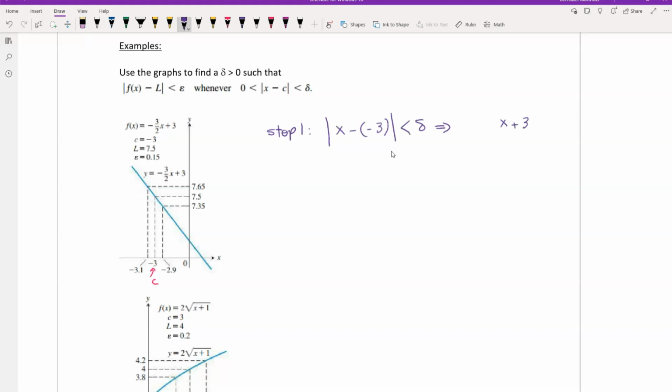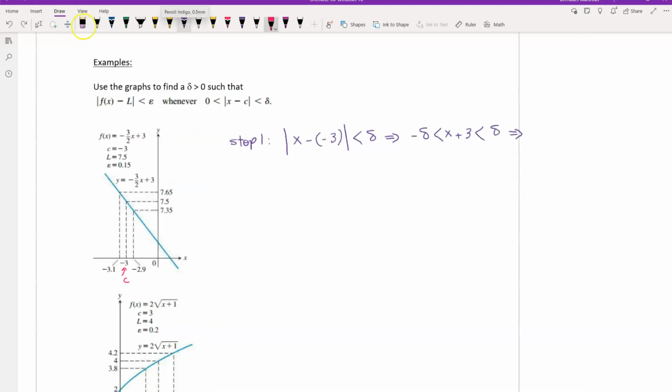Because of the absolute value, x plus 3 is less than positive delta and greater than negative delta. Now solving for x, x is between negative delta minus 3 and delta minus 3.